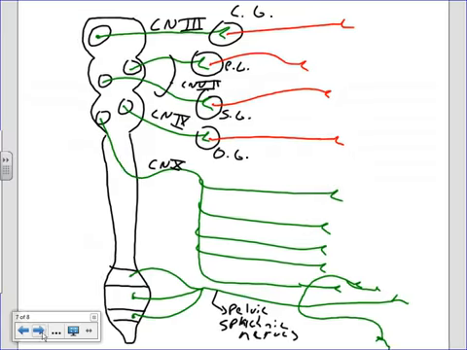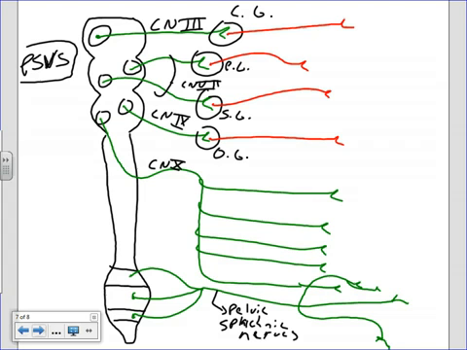Now, the parasympathetic nervous system begins more in your head and in the sacral region, and that's why they would say that it is craniosacral in nature, whereas the sympathetic nervous system we would say is thoracolumbar.